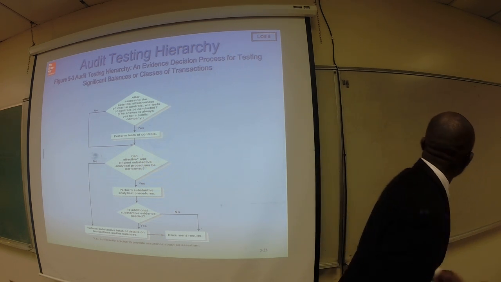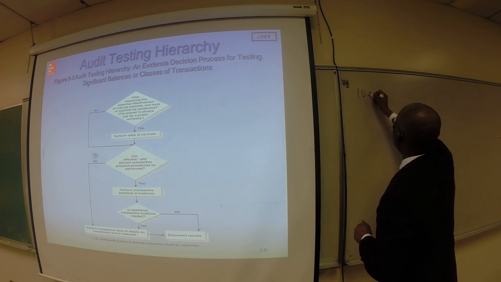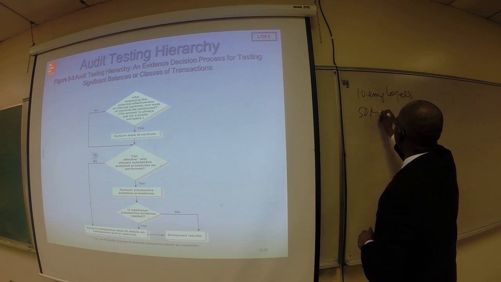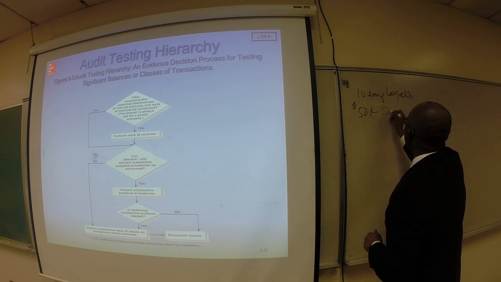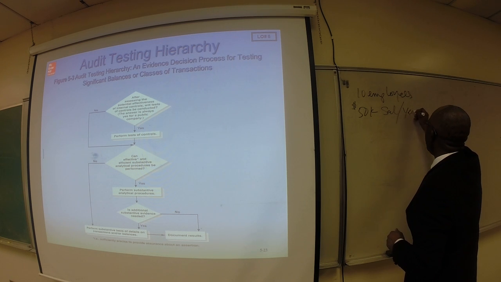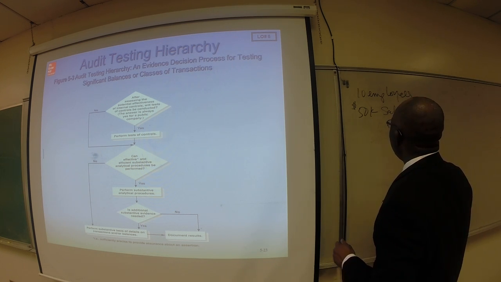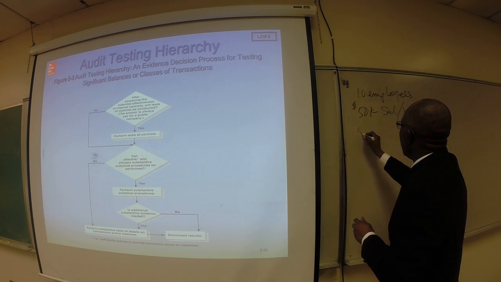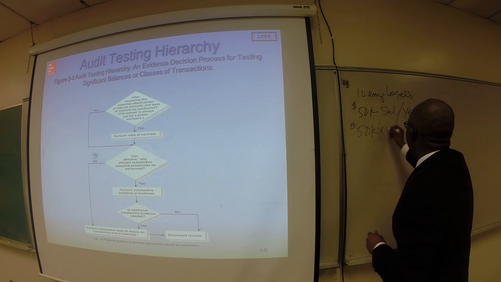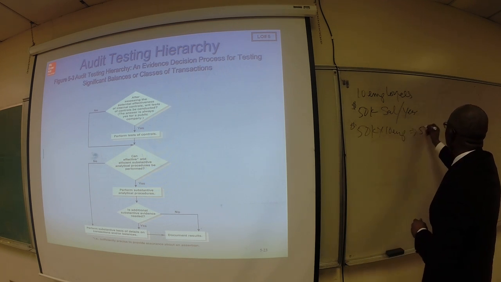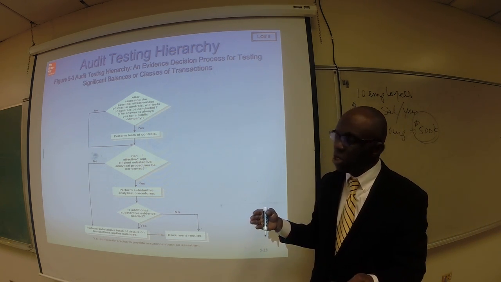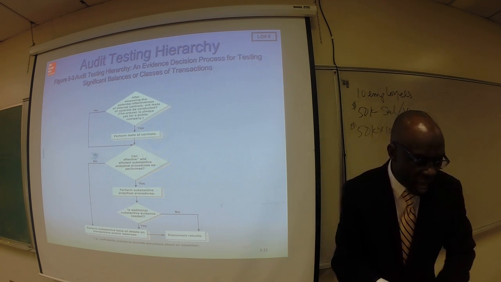So, for example, our client has 10 employees and the average employee makes a $50,000 salary a year. So we can easily say that $50,000 multiplied by 10 employees will give us $500,000. So give and take, the salaries expense on the income statement should be $500,000.